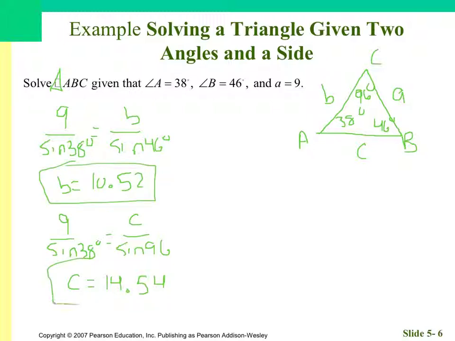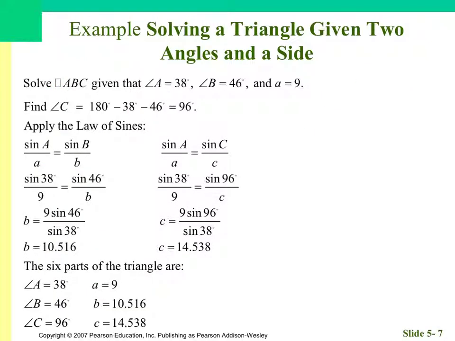So there's b, there's c, and there's the angles up here. Okay? There we go. So what I'm saying is sine A over a is also equal to sine B over b, or sine C over c. Okay?